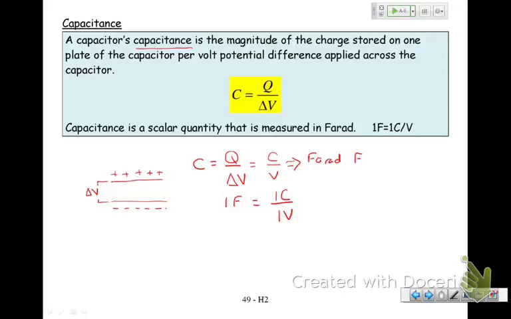If I could somehow get more charges on here for the same voltage, I would have more capacity, more capacitance. By the way, and I was careful up here to point it out, it's not the number of coulombs on both of them.